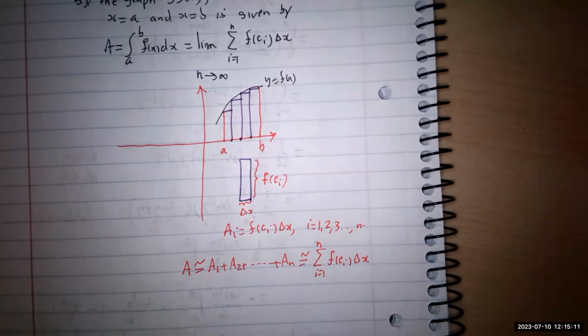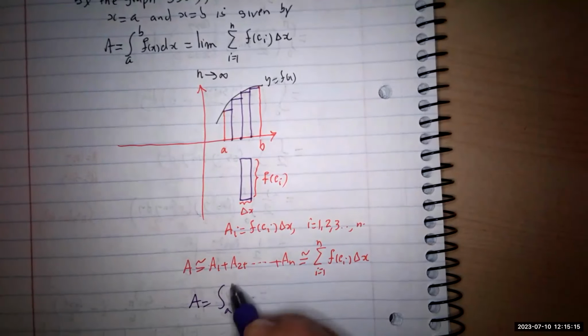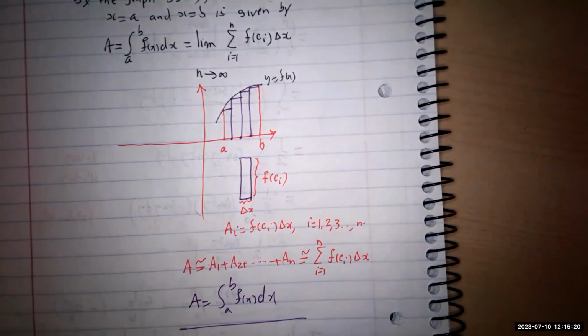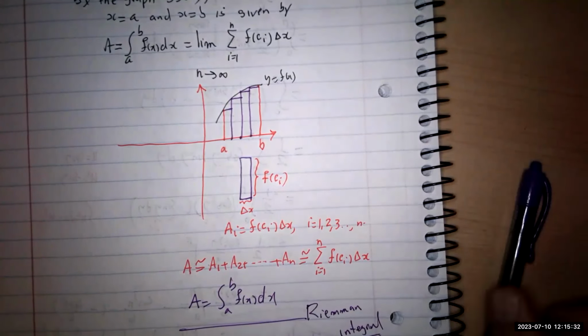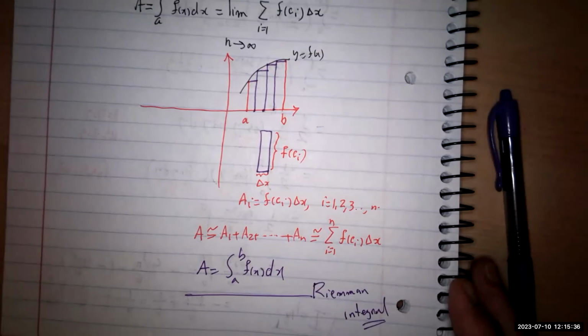And when f is continuous, you know that this is going to be equal to the integral from a to b of f of x dx. That's a Riemann integral, in calculus 1. That's the way we do it.